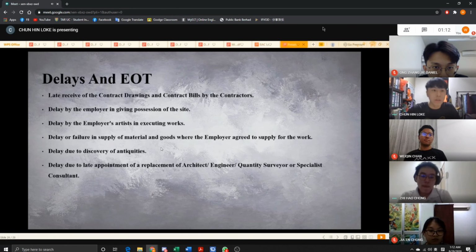The delays and EOT include late receipt of the contract drawings and contract bill by the contractor.